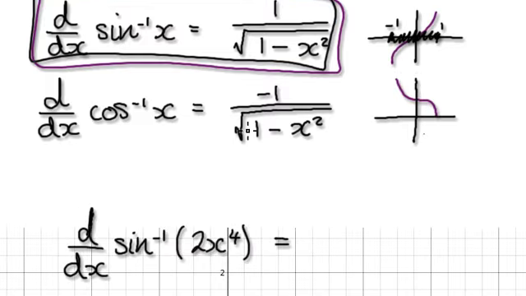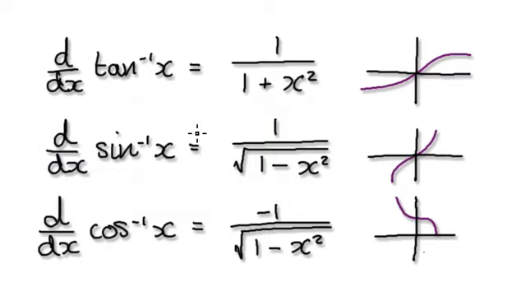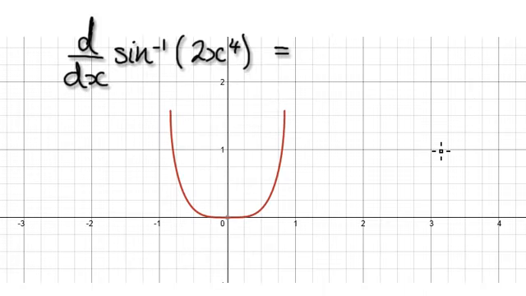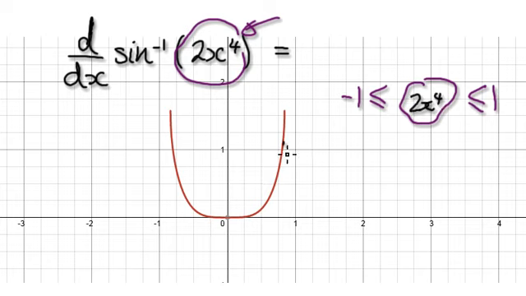So when you come to differentiate this, notice that this bubble here has to be in between -1 and 1. So that bubble has to be in between the two.